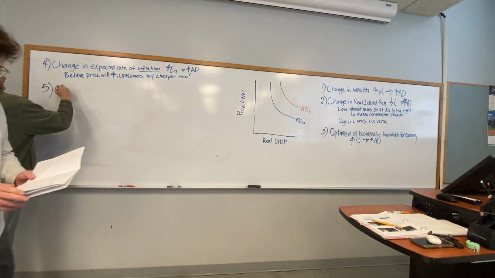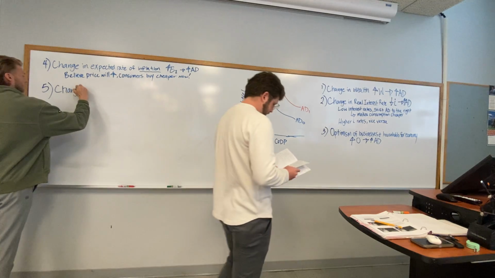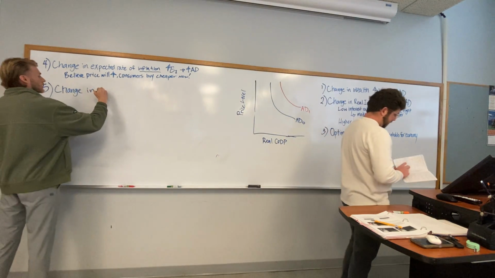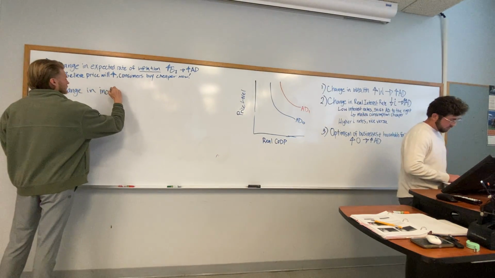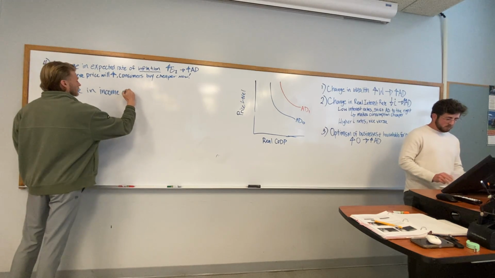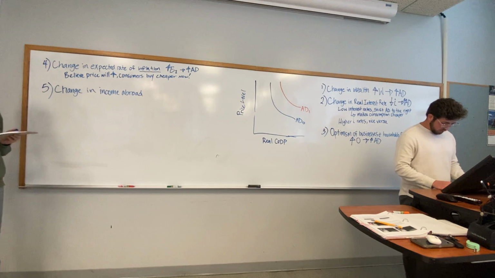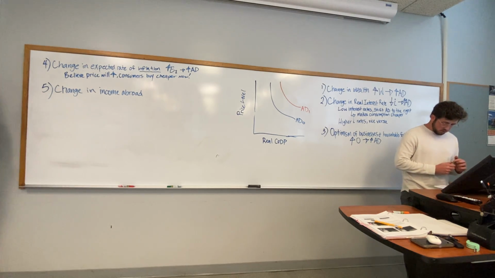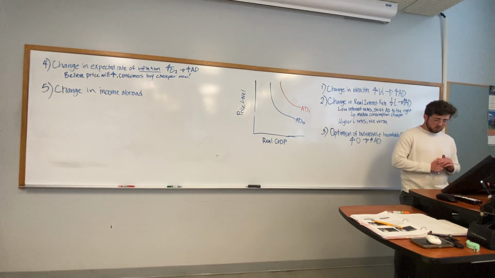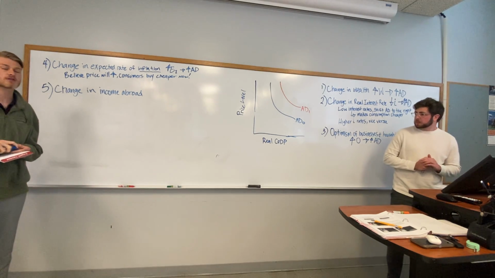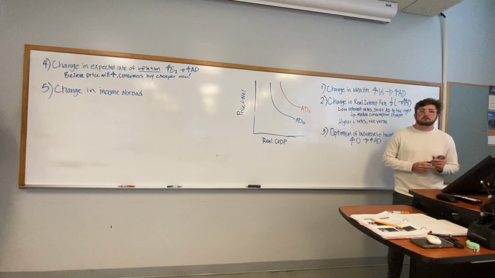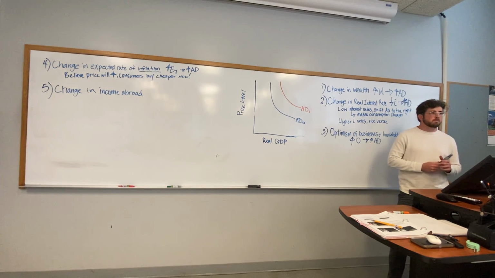Number 5, we have a change in income abroad. So if we're considering the wealth of other nations as well in our aggregate demand, how do you think this would correlate with our consumers and our finished goods?